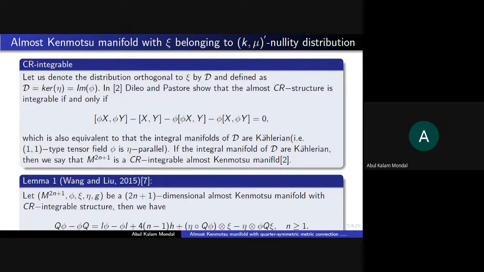That is, if the integral manifolds of the distribution are Legendrian, then we say that the manifold is a Legendrian integral almost cosymplectic manifold. In the year 2015, Wang and Liu gave a result on almost cosymplectic manifolds with Legendrian integral structure, that is, φ Q φ minus Q equals this.